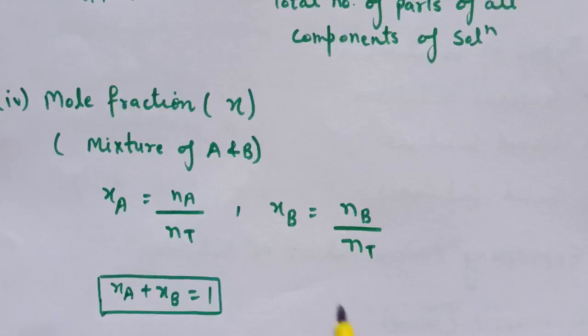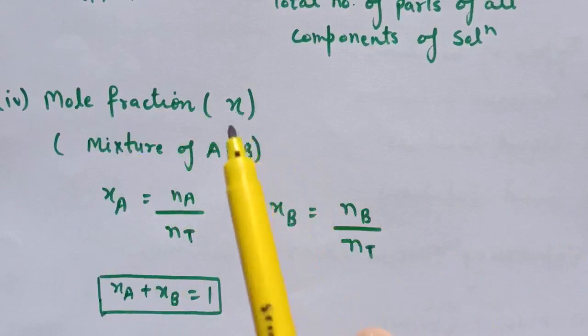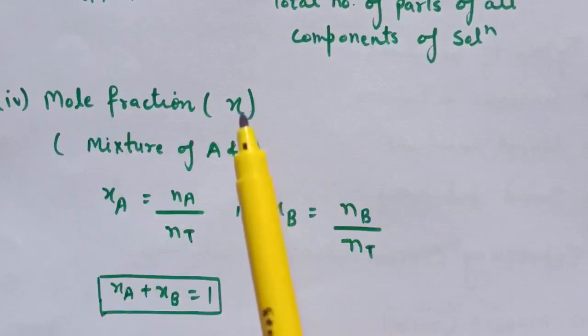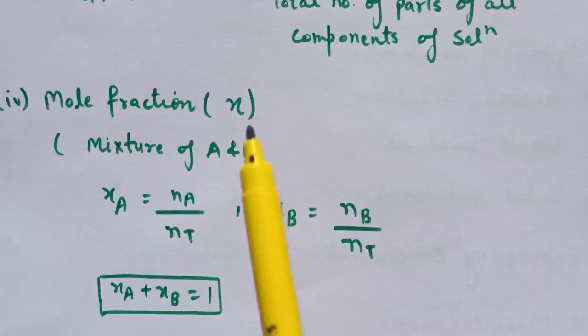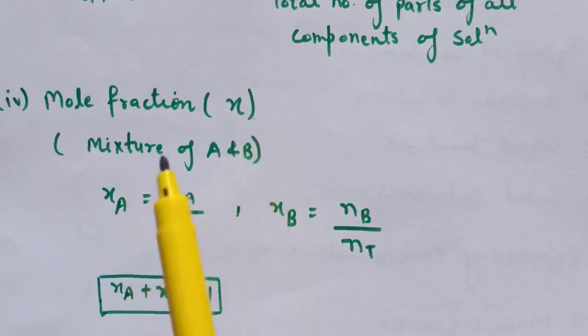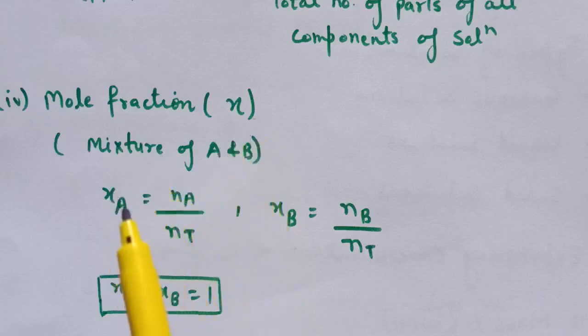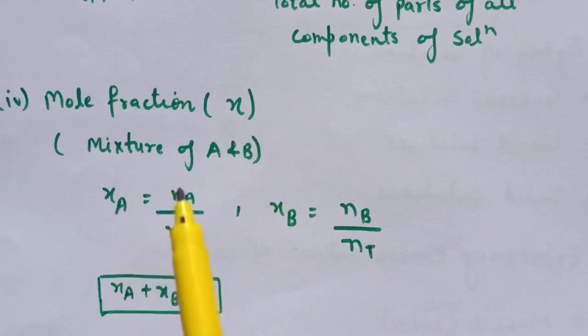Next concentration term is mole fraction, and this is the symbol by which we can represent mole fraction. Now for example, in a mixture, if we have two components and we want to calculate the mole fraction for those two components, XA, that is mole fraction for component A, will be equal to number of moles of A upon total number of moles.